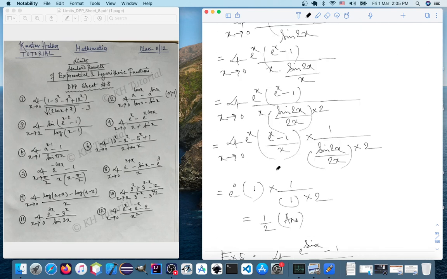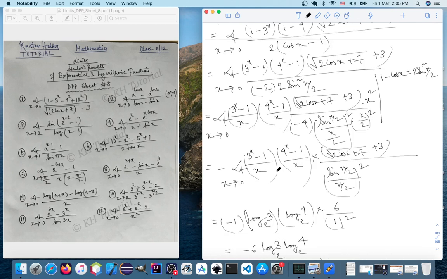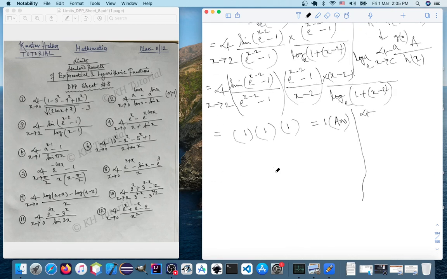So over here, let me write the results I've used in the compact form. With f(x) tending to 0, we must know that sin f(x) by f(x) is 1. Also, limit f(x) tending to 0 of a to the power f(x) minus 1 by f(x) is log a to the base e.